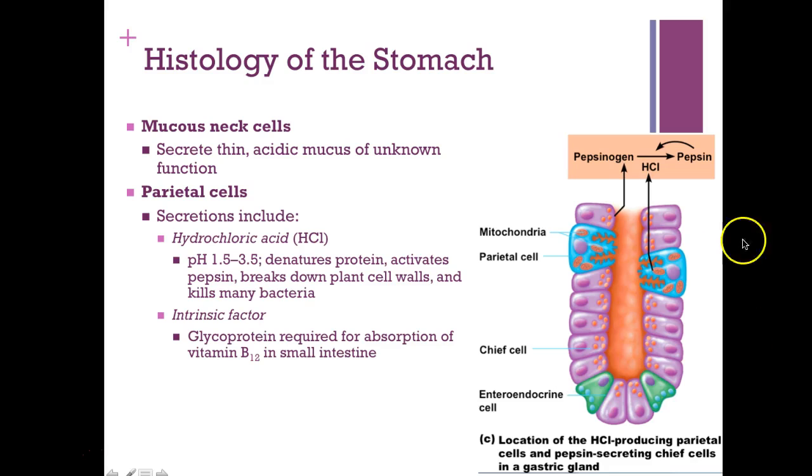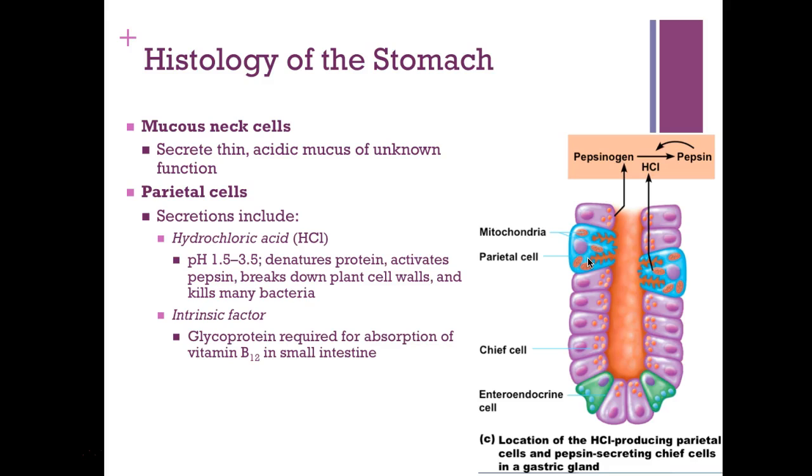Parietal cells, these blue ones, are very important because they are going to be secreting hydrochloric acid. This helps our stomach stay within a pH of 1.5 to 3.5 in order to denature protein, activate pepsin, which is an enzyme that breaks down protein, and it'll break down plant cell walls and kill many bacteria.